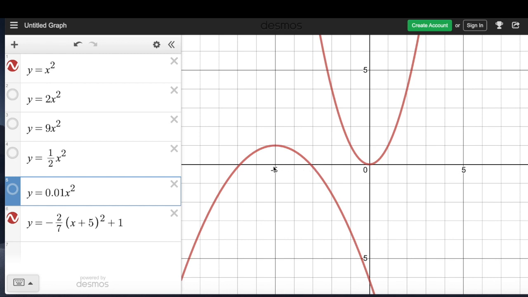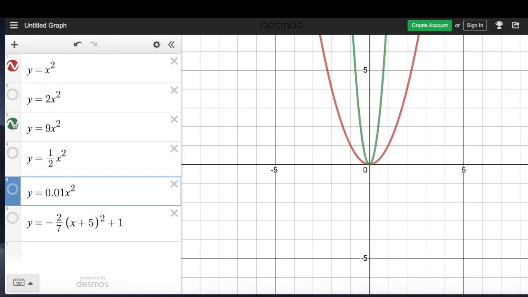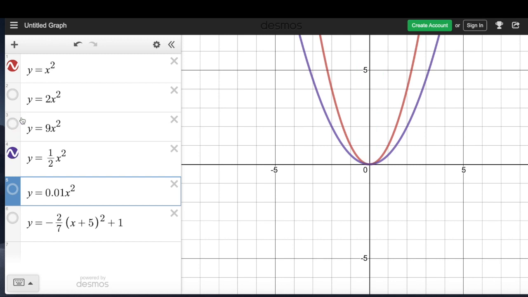Vertex at (-5, 1), it opens down, and you can tell it's a wider version, or a vertically compressed, the opposite of the stretch here. If that's a stretch, this is a compression, because it kind of looks like somebody has taken the original one and squashed it vertically, and it's making it bow outward.